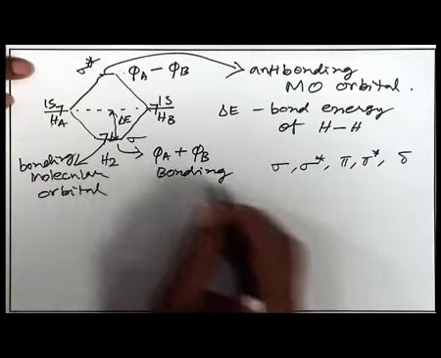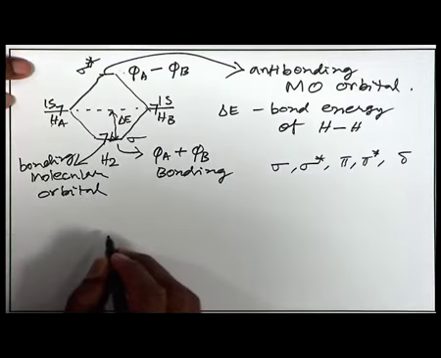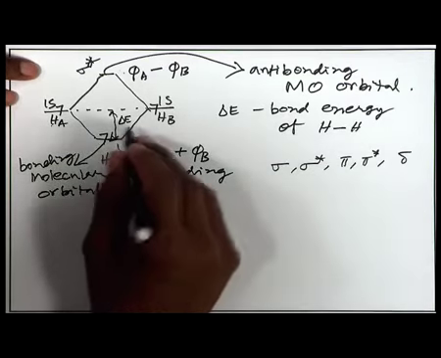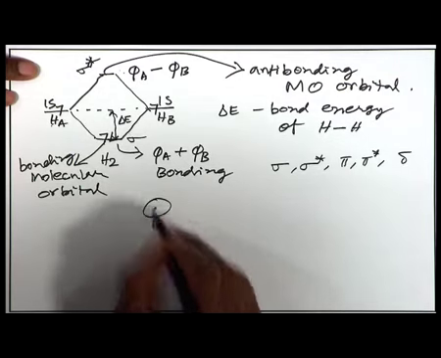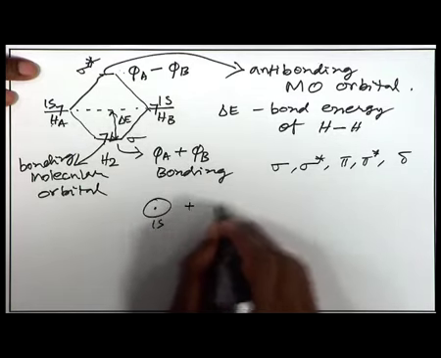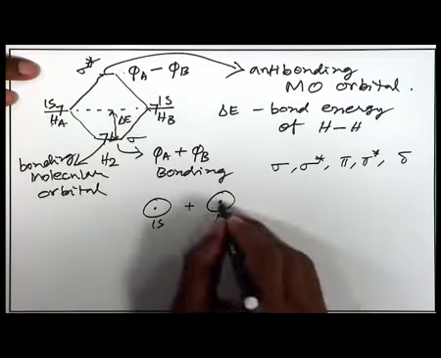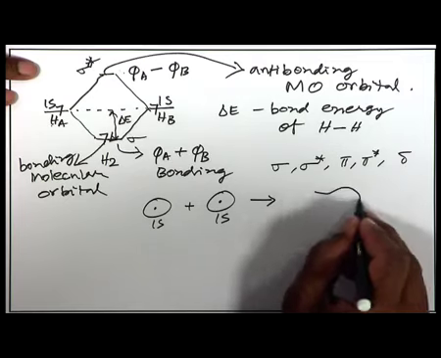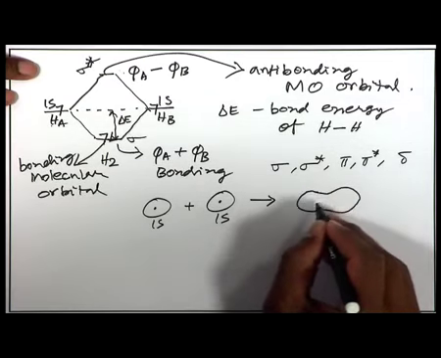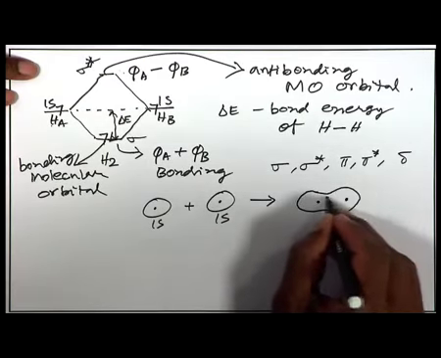Now, for hydrogen atom formation, in this diagram you have the 1s orbital of one hydrogen atom combined with the 1s orbital of another hydrogen atom to give a sigma orbital. This is one nucleus, another nucleus, and it is everywhere positive.